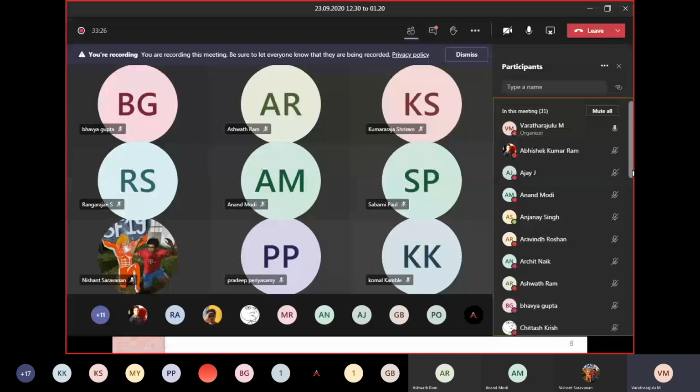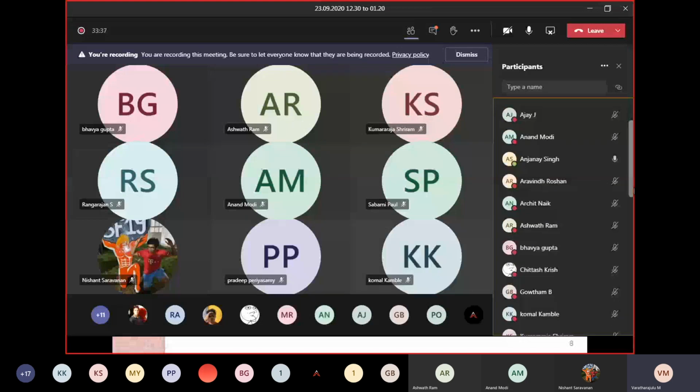Anand Modi is present. Number 11, Jai Singh is present. Roshan is also present. Ashwatram present. Bhavya is present. Kalyan, please. Kalyan is absent.